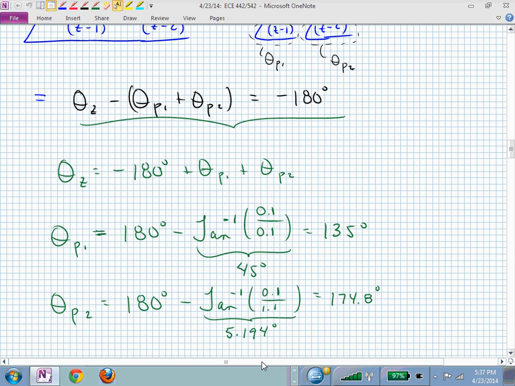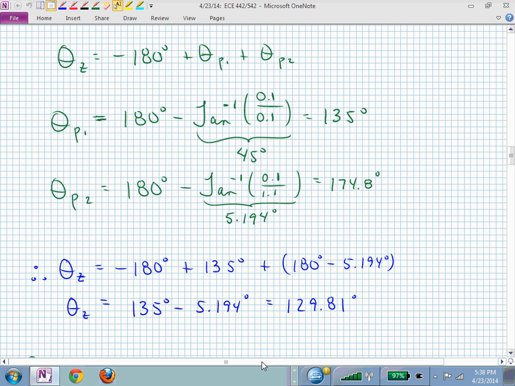It's easier for me to think in terms of acute angles, and the calculator a lot of times just gives you an angle when you do an inverse tangent between plus and minus 90, and that's why I'm keying in on subtracting these acute angles from 180 degrees to get me the actual angle theta p1 and theta p2. That's where that's coming from. And theta p2 is pretty close to 180 degrees because effectively it's quite far over in the right half or the positive portion of the z-plane.